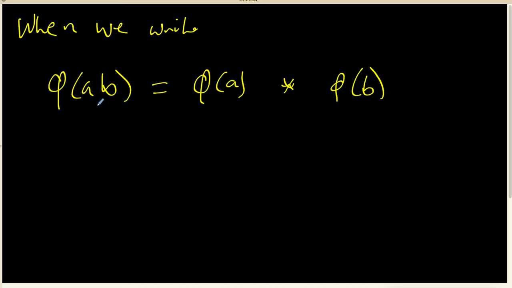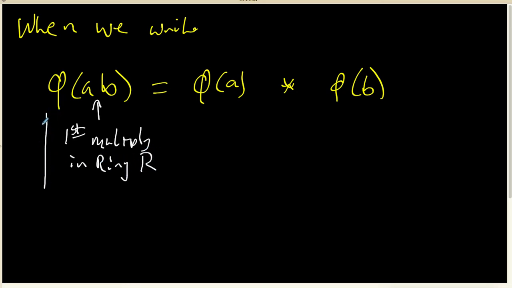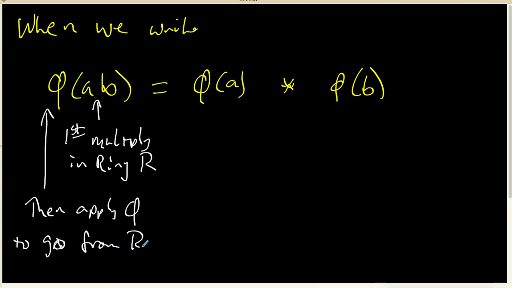On the left-hand side, we are first multiplying inside ring R, and then we are applying the function phi to go from ring R to ring S.